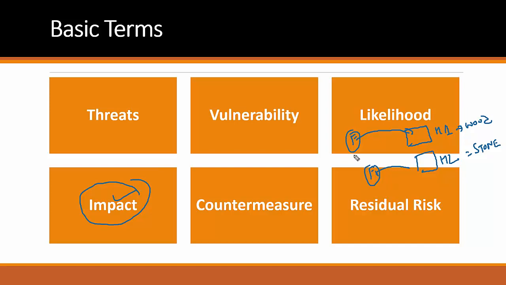It means the probability of having a fire in both houses is always high. But we would like to know what the impact is. The impact will be very high in the case of the wooden house. It gets more damage because it is made of wood. But the impact on the stone house will not be that much. So this is how we measure the impact.